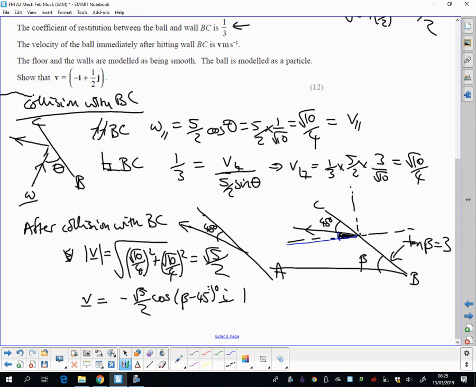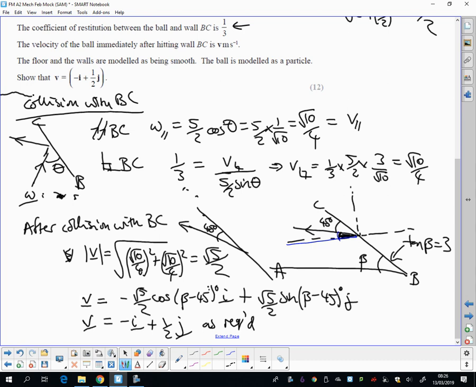And I'm moving in the positive j direction, so it's going to be root 5 over 2 sine of that angle. If you work all that out, you'll find that it's negative i plus a half j, which is what you were required to find.